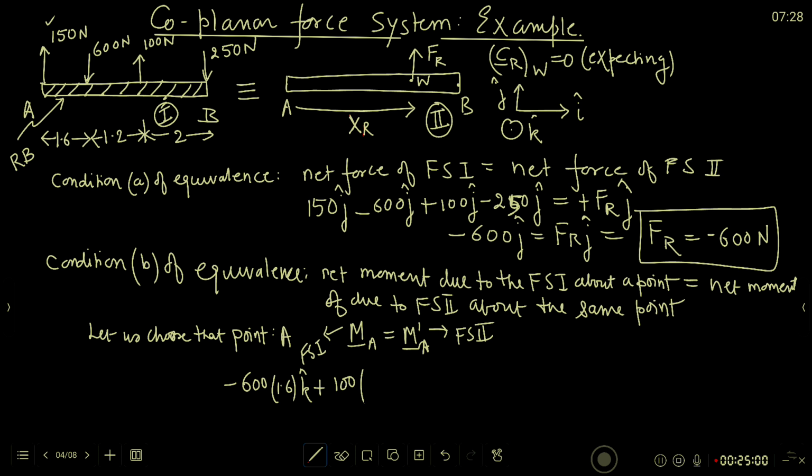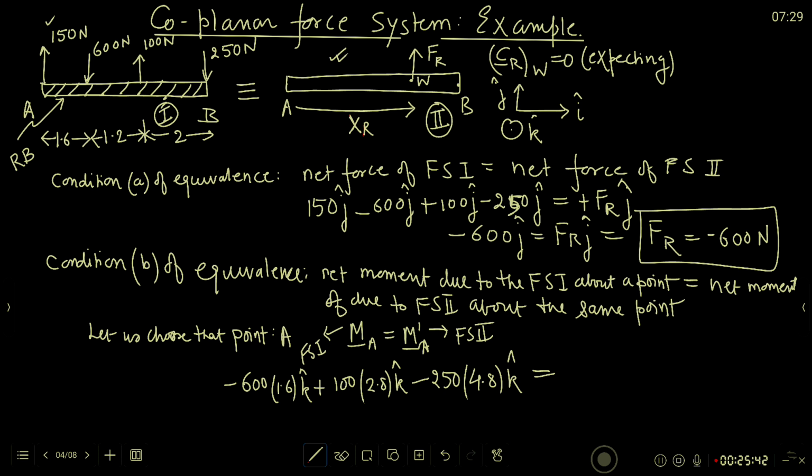Then the 100 Newton force with its distance will contribute this much moment, positive k direction, and the 250 Newton force will contribute 4.8 in minus k direction. Okay, and this must be the net moment due to all the forces in force system 2.